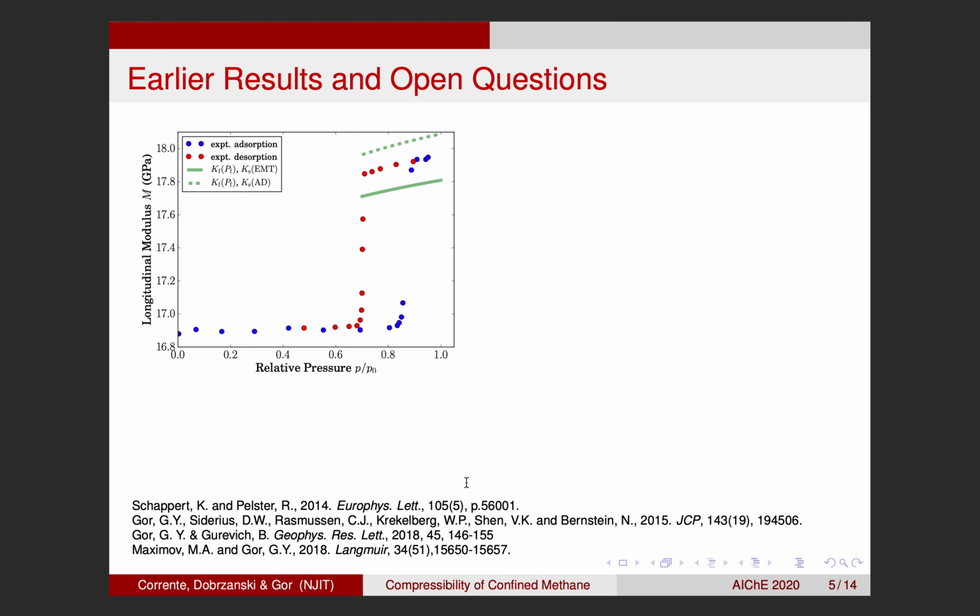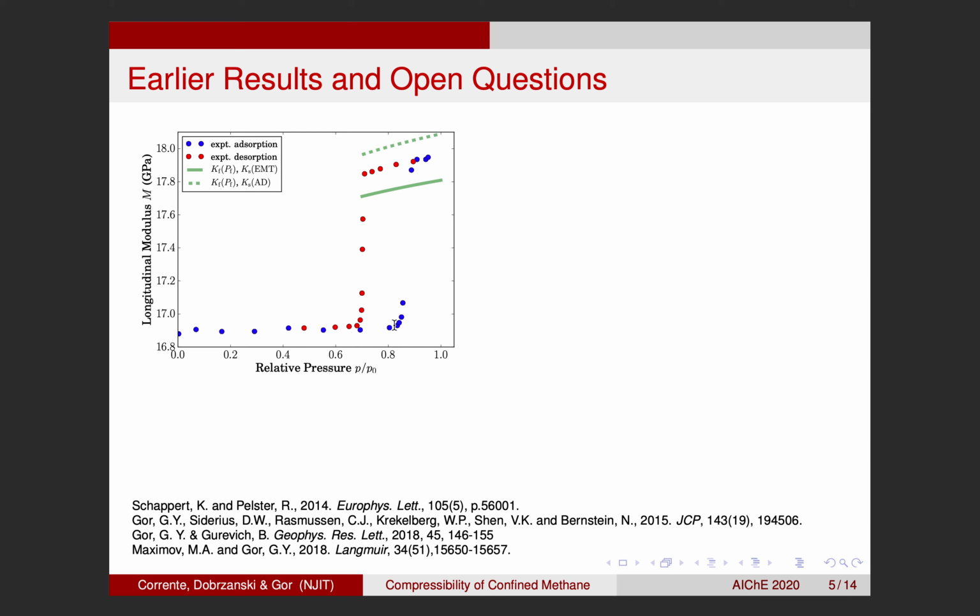There have been some earlier results looking at the elastic properties of fluids in confinement. In particular, a few years ago, a work by a German group reported measurements of elastic properties of argon confined in the pores of Vycor glass, and this data is shown as the colored markers on this plot. In particular, they showed that the modulus of argon in confinement differs from the modulus of argon at the same conditions in bulk.